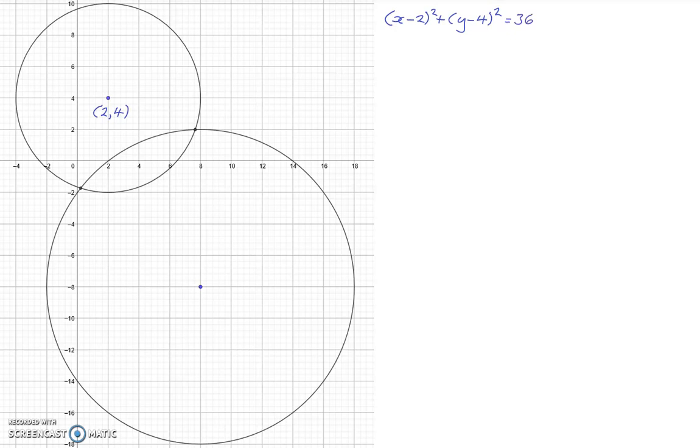I am now going to expand these brackets, and simplifying that and denoting the simplified equation as equation 1 gives this.